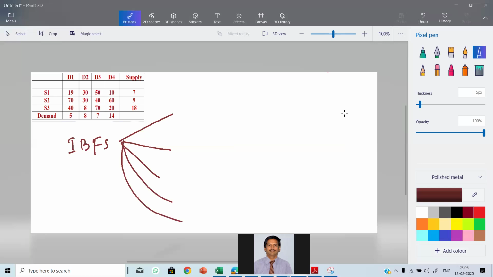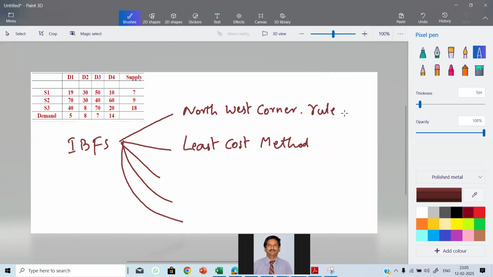So there are nearly 5 methods available, right? First one is the northwest corner rule. Okay. Second one is the least cost method. Third one will be Vogel's approximation method. Okay.